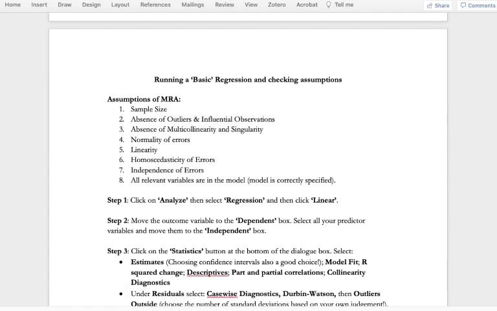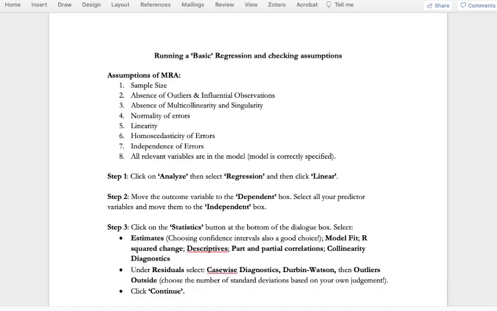I think I did that math right. So in order to meet the sample size assumption, the rule of thumb tells us that we need at least 120 cases or participants. Now, I believe that our data set has well over that, like 400 or 500. It's quite a big data set. So we don't really need to worry about sample size.